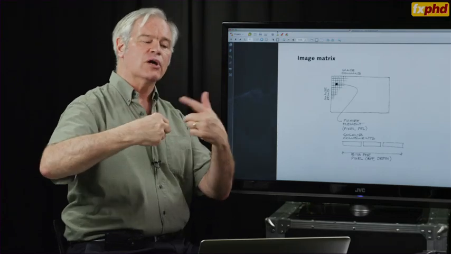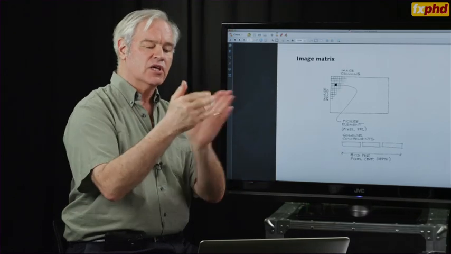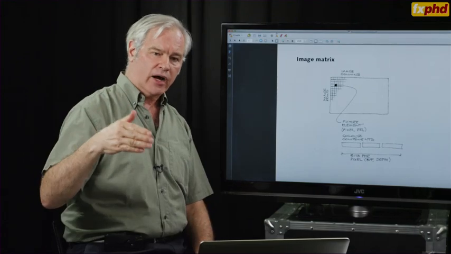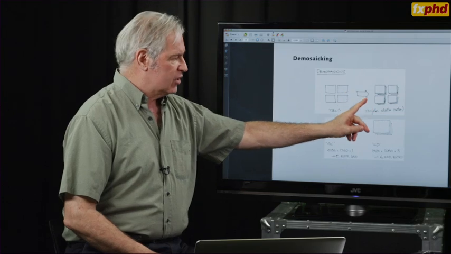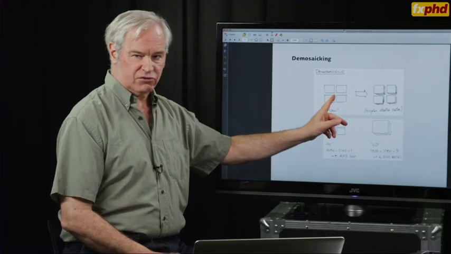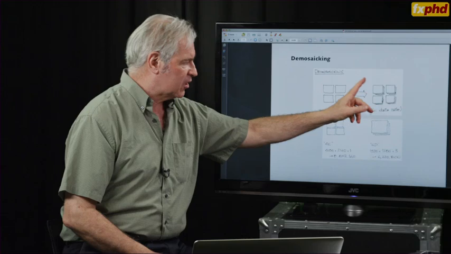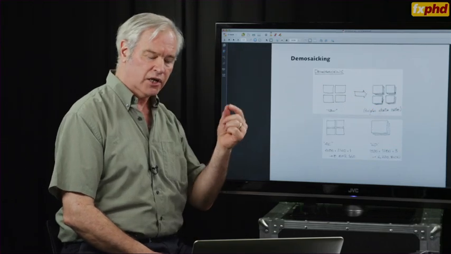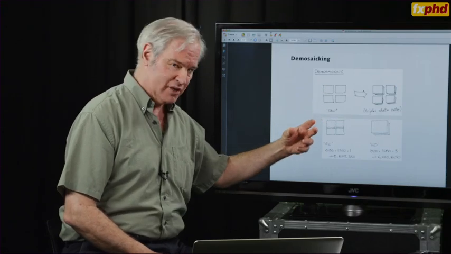So we're used to doing all of the processing downstream with those color components in register. In a camera, that operation is called demosaicing. So demosaicing involves, you could have RGGB forming an image with the same pixel structure, but now 3 times as many samples, because each of the locations has now got an R, a G, and a B, where previously it was an R, a G, or a B.